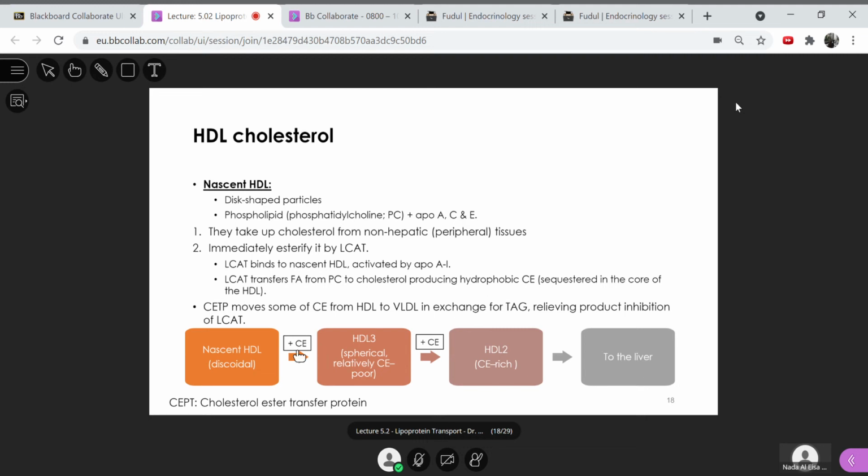As it goes, it collects cholesterol ester and it becomes slightly spherical shaped with some cholesterol ester content, but it's relatively poor, and that's what we call HDL3. It keeps circulating, collecting more and more cholesterol esters, and transforms into HDL2 eventually, which is more cholesterol ester rich. That will go to the liver to deliver its cholesterol esters to the liver.